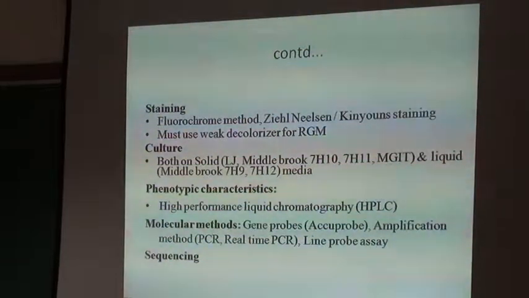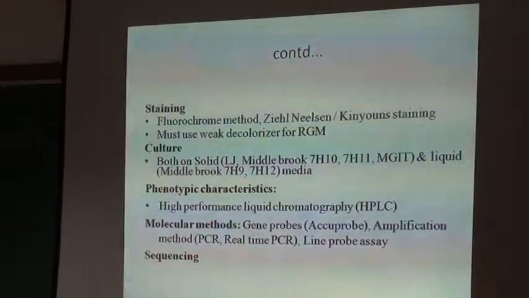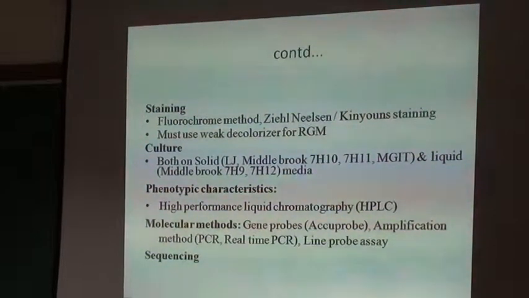Now coming to the laboratory diagnosis of NTM infection, it can be diagnosed by simple microscopy. Simple microscopy is rapid and economical, and the different staining methods that we use are the fluorochrome method or Ziehl-Neelsen staining. Fluorochrome staining is very rapid and very sensitive, but after staining by fluorochrome stain, it can also be stained with Ziehl-Neelsen staining in order to increase the specificity of the staining method.